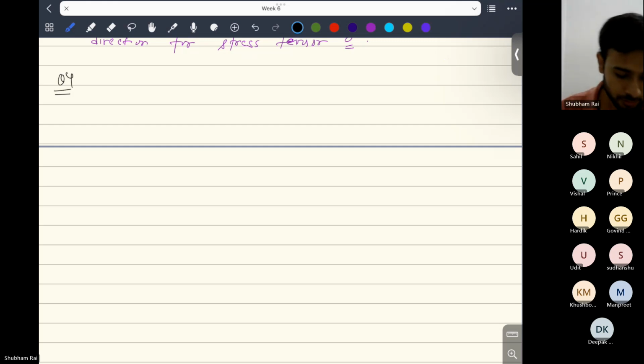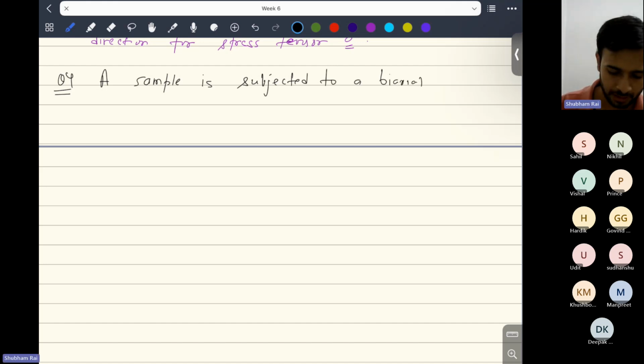Question number 4 says the sample is subjected to a biaxial test under plane stress conditions.